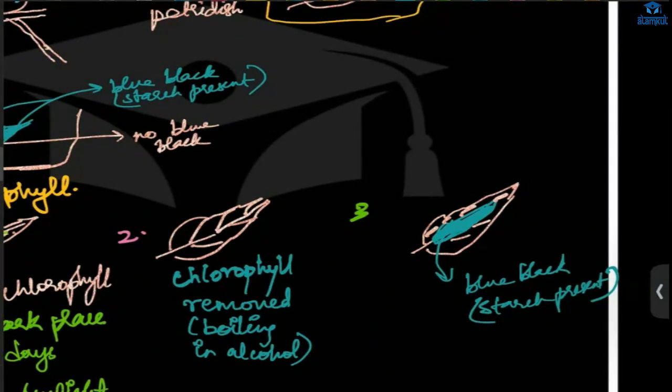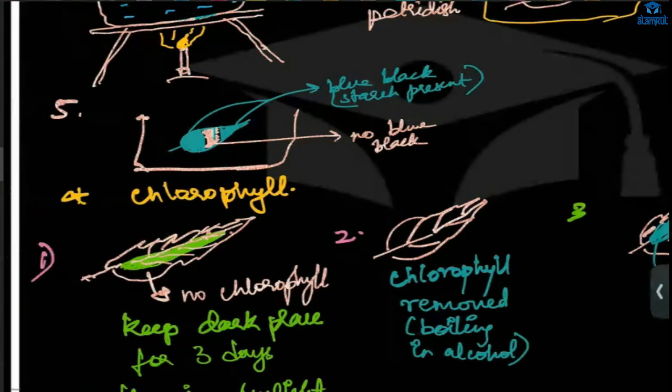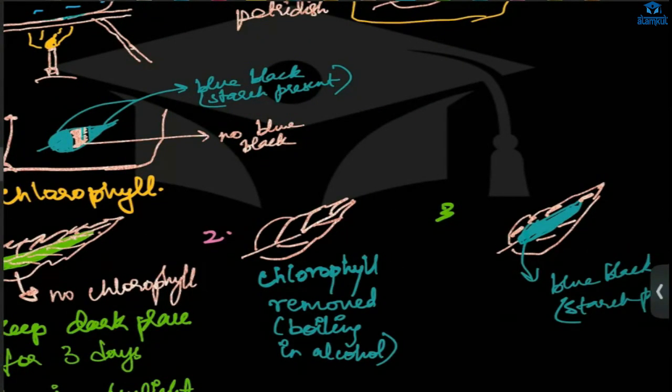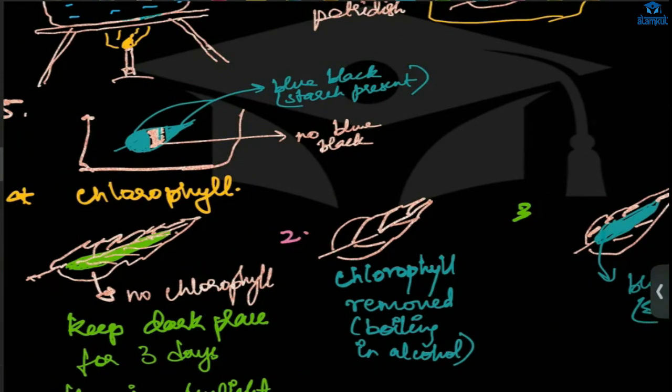What will we find? Wherever there was a green part, that part gave blue-black color. That part had starch. So we can conclude that wherever there was chlorophyll, food was formed. That means chlorophyll is necessary for photosynthesis.